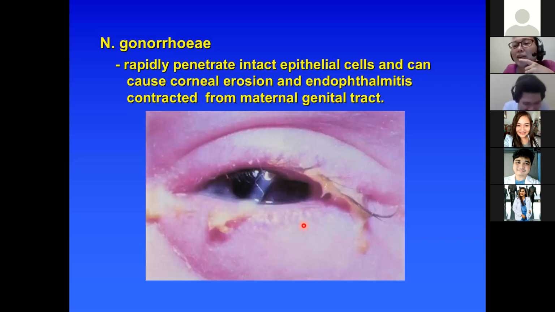From the father. So, the baby and both parents should be treated, not only for gonorrhea but also for Chlamydia, kasi usually they go hand in hand. So your patient is not only the baby, but both parents are your patients too.